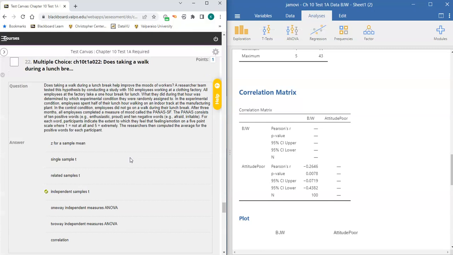In this example, we have two groups of people, and we're comparing those different groups on some dependent variable that's measured on an interval ratio scale. So that's why it's an independent t-test.